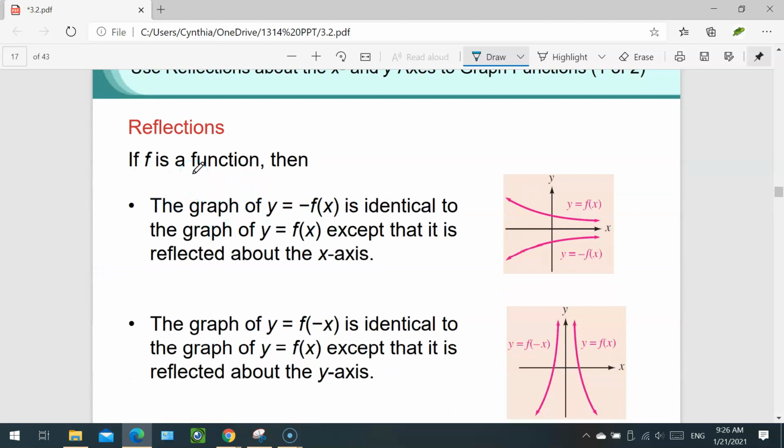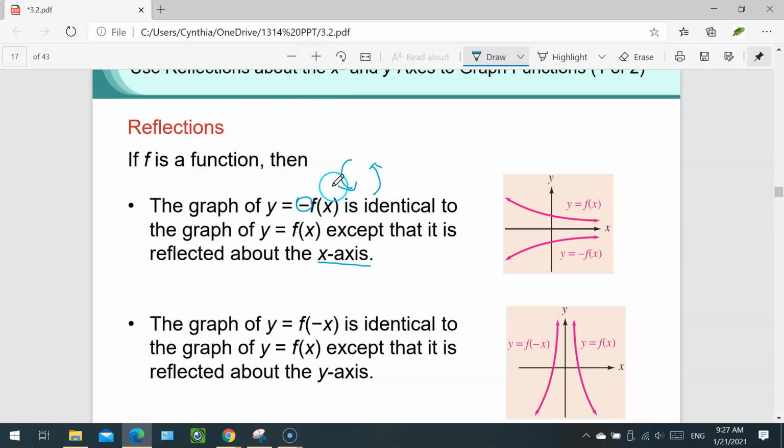If the function f is a parent function, then when y equals negative f of x, the negative sign is outside of the function. It's identical to the graph of y equals f of x, except that it is reflected about the x-axis, which means you deal with upside down, facing up or facing down.